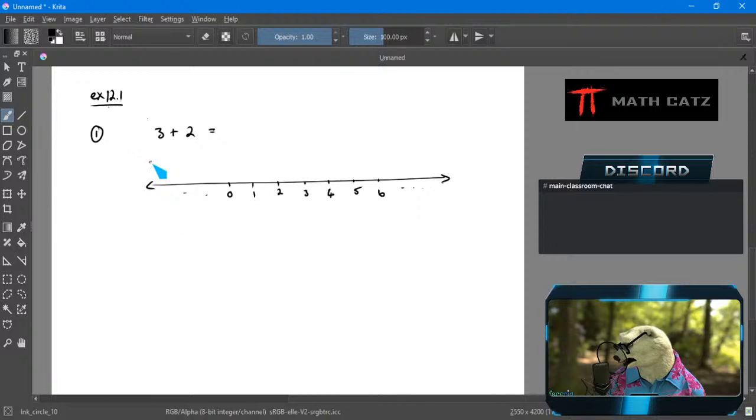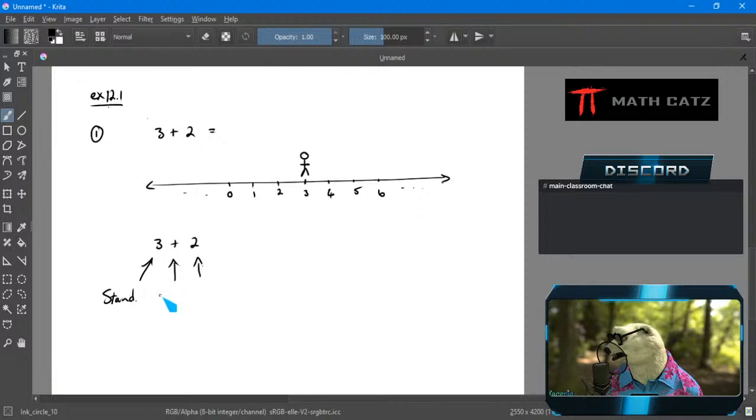So I'm just going to copy this over here. Each of these things will tell me something. And the first one is going to tell me where I need to stand on the number line. I need to stand right there at that first number's position on the number line.